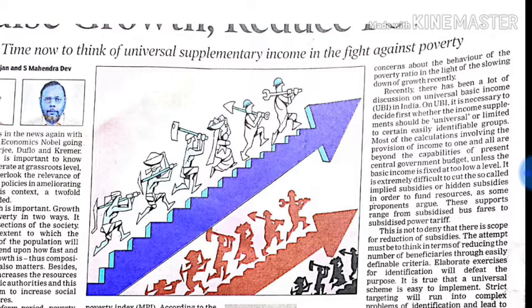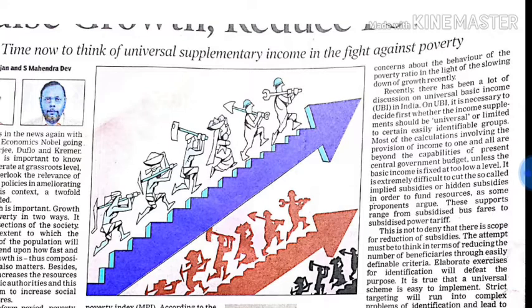Recently, there has been a lot of discussion on universal basic income (UBI) in India. On UBI, it is necessary to decide first whether the income supplements should be universal or limited to certain easily identifiable groups.